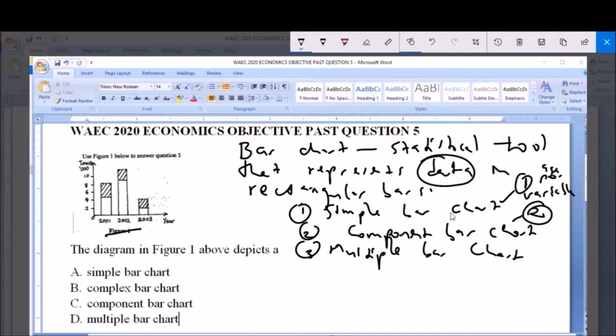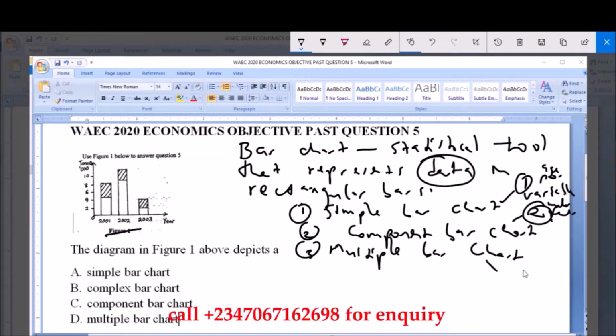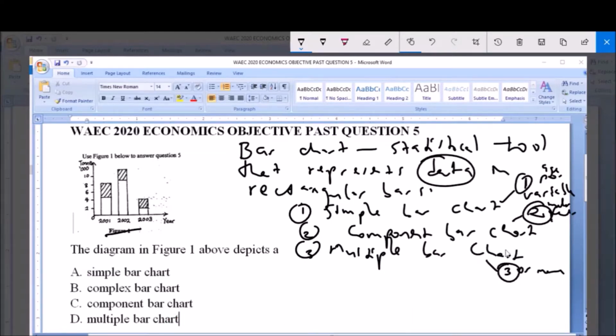So you could have, let's say, things like number of males and females, or just two variables to represent. Then the third one, which is multiple bar chart, is when you have three or more variables to represent. So you draw multiple bars for the corresponding parts of whatever you want to represent.